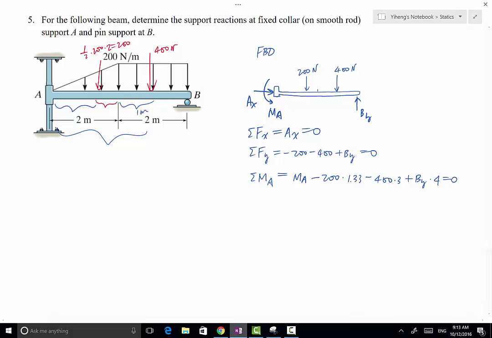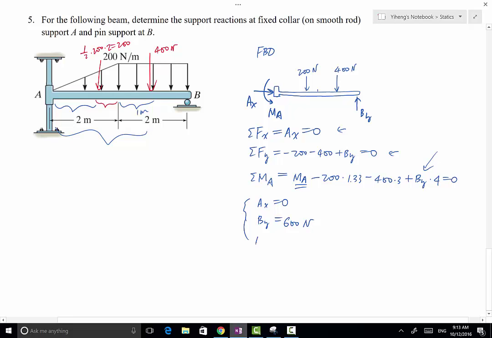So from the first equation, we can solve for AX, which is simply 0. From the second equation, we can solve for BY, which is 600 Newton. And then we substitute 600 Newton into the third equation, and the remaining unknown is MA.